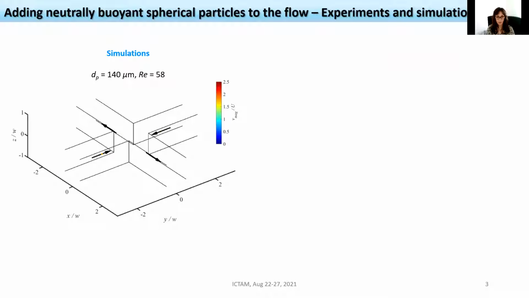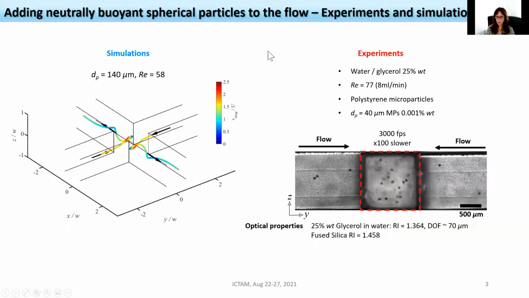We have conducted both experiments and numerical simulations, adding neutrally buoyant particles to the flow field. From the simulations, we can capture the three-dimensional flow field. Here we are simulating 140 micrometer particles. And from the experiments, we can have a two-dimensional look of the flow field at exactly the cross-section of the vortex flow, so the very center plane.